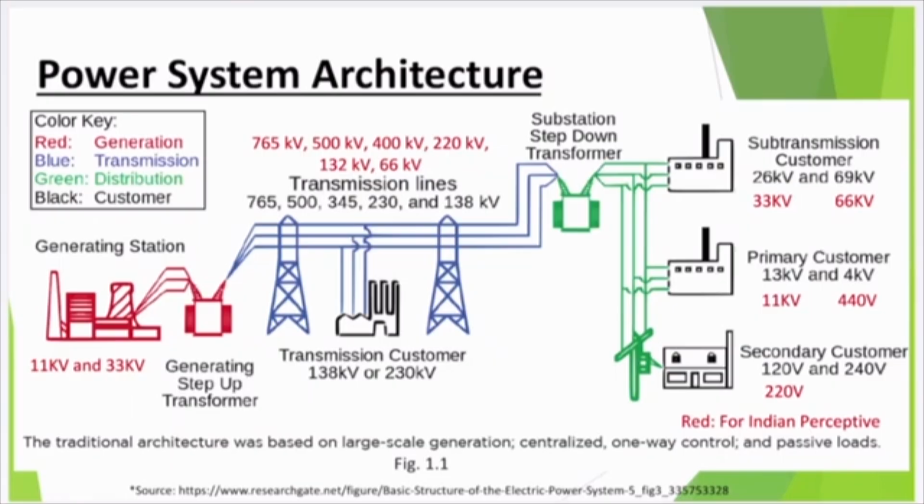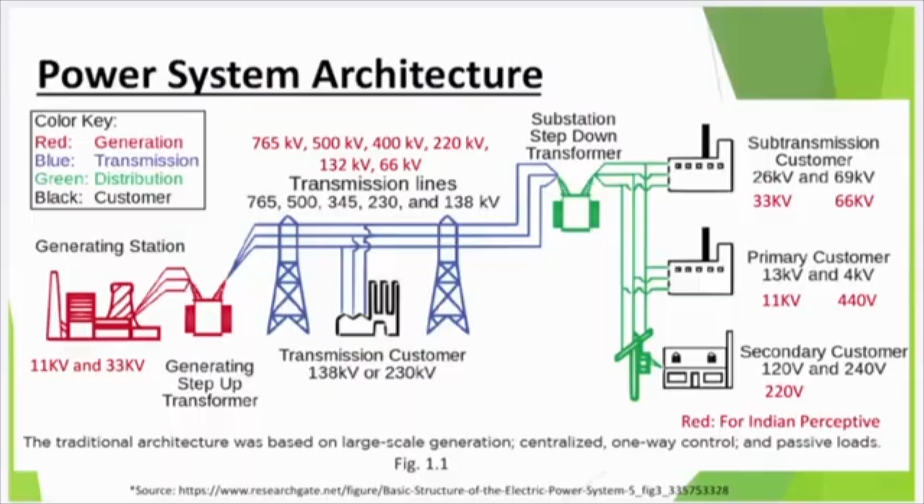Now looking into this diagram, you can see that there are three major components. One is your generating stations, transmission systems, and finally the distribution systems. Now the generating station, ideally the power is being generated through different concepts of generating stations, either at 11 kV or 33 kV.